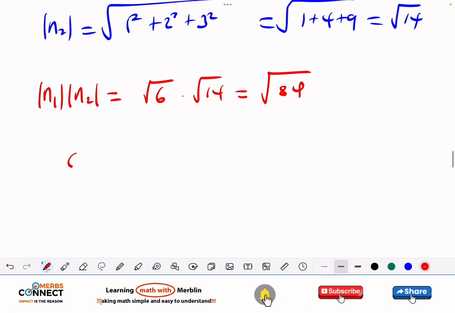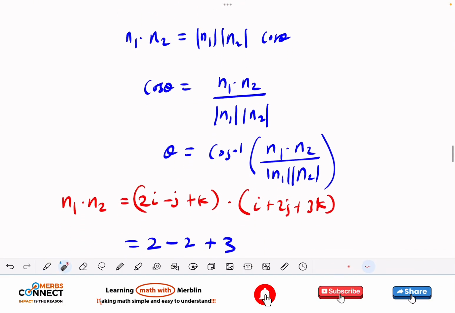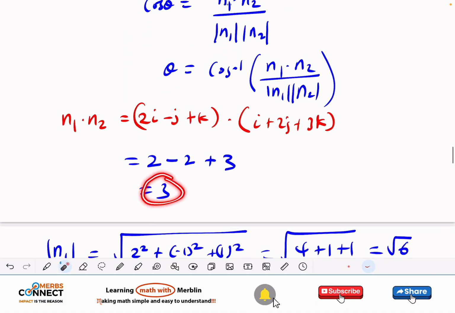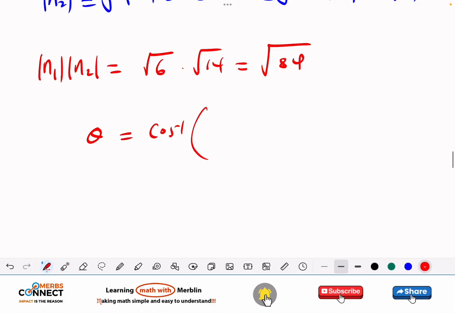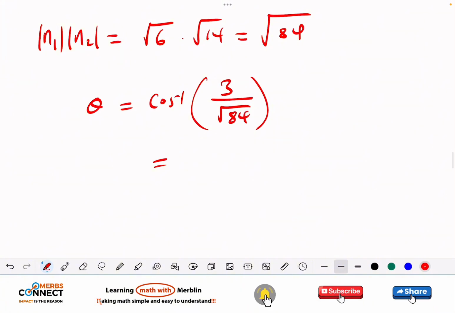So now theta is equal to cos inverse of n1 dot n2, which is 3, and then the magnitude. So we are going to have something like 3 divided by root of 84. And then this on the calculator is going to give us 70.89.